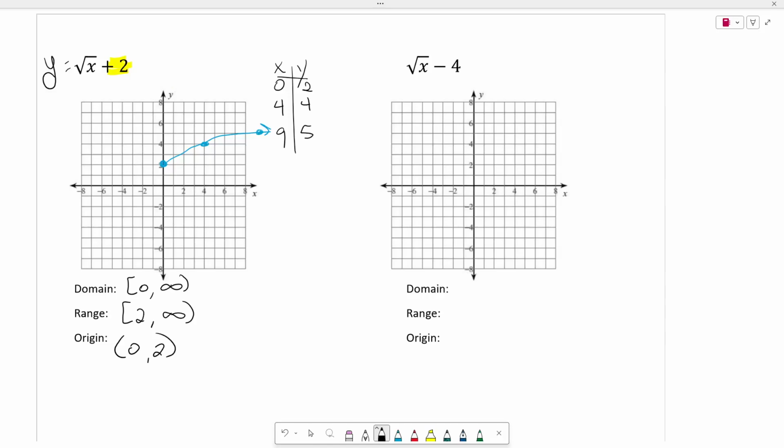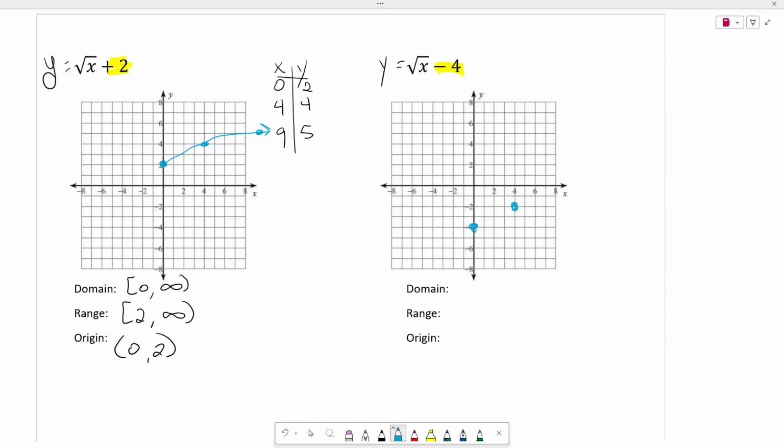And the same thing with this last one right here. It's exactly the same, except instead of moving up, it's going to move down 4 places. So the starting point would be down here at -4. Then over here at 4, it would be at -2.